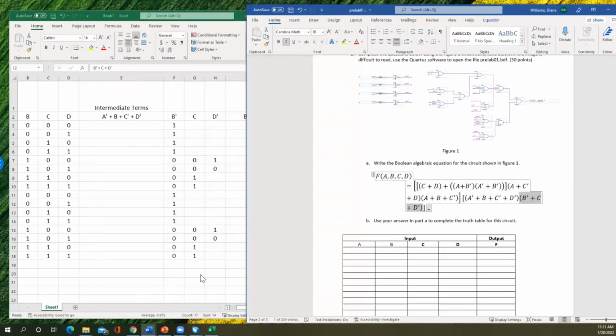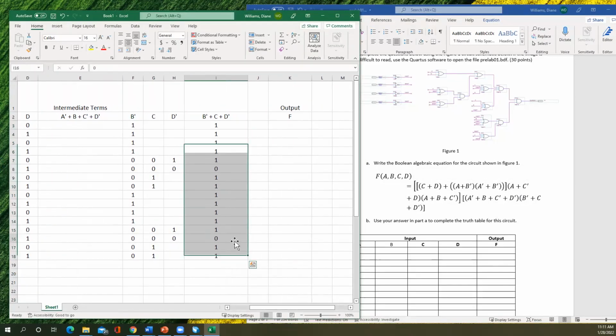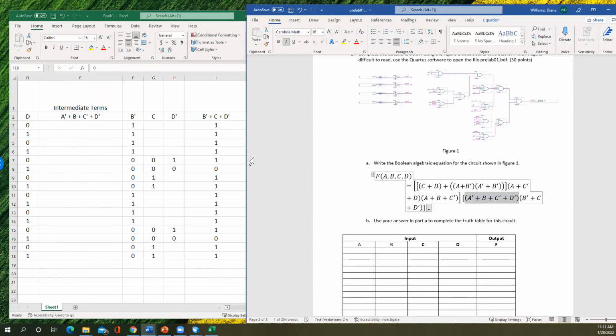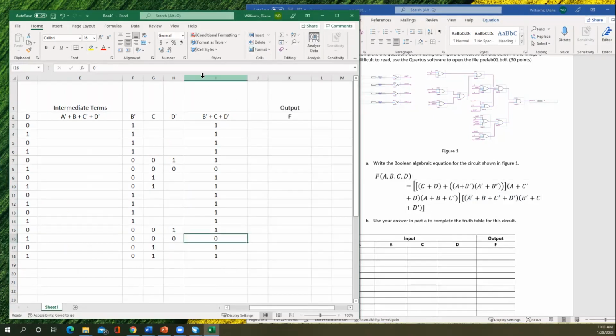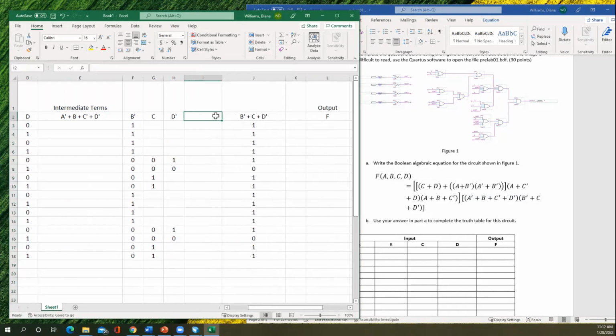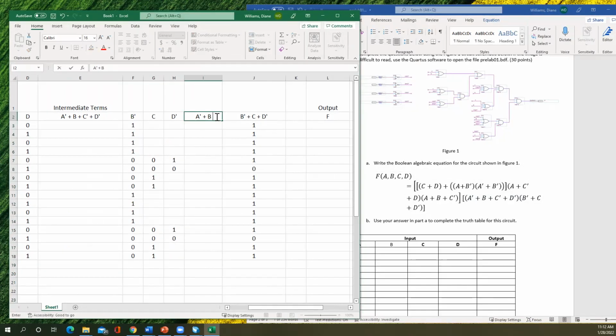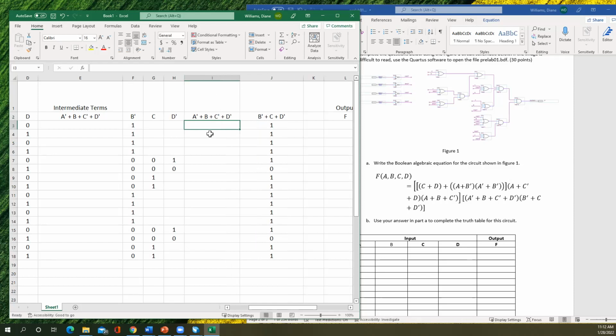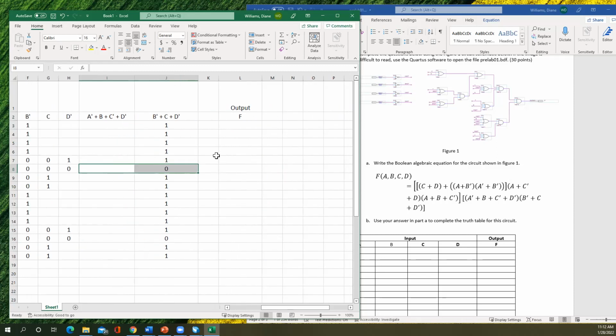So all we really can determine about F at this point is that, because this expression is going to be ANDed with this one, A naught ORed with B, ORed with C naught, ORed with D naught, in the case where one of these is a 0, it doesn't matter.